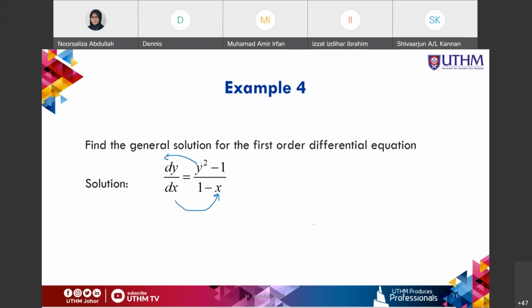So this whole thing you bring to this side, then it will be dy over y squared minus 1 equals to 1 over 1 minus x dx.